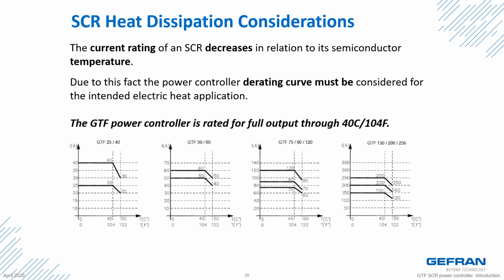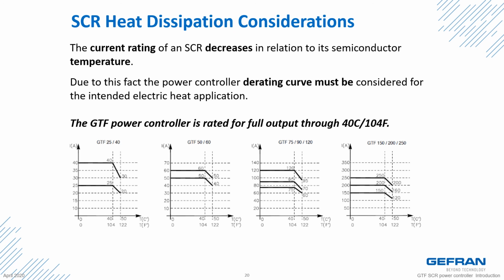So why is heat a consideration? The ability of any SCR device to drive its output is reduced in relationship to its semiconductor temperature. What does that mean? It means that as it gets hotter, the power controller current output is reduced.